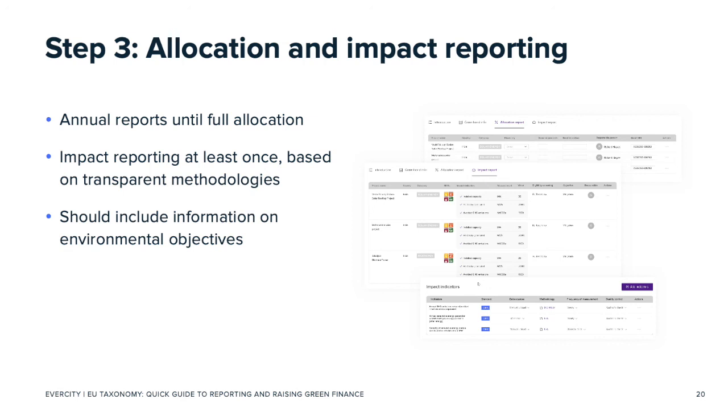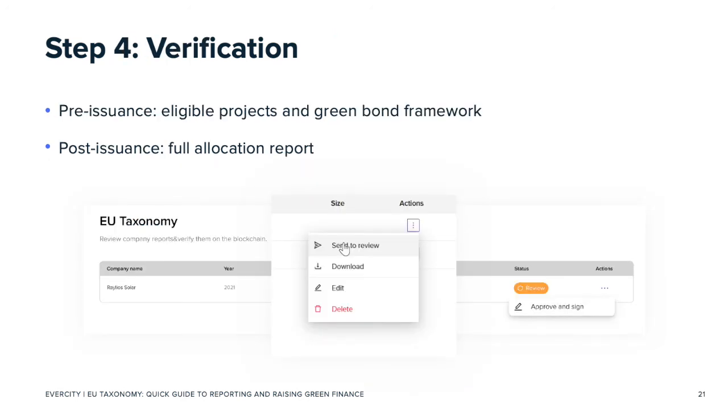There are also different handbooks and guidance from ICMA, from EU Commission on how to report. It also has to include information on environmental objectives. To which objective does this project contribute? Again, a link to EU Taxonomy here. And then finally, we have verification. It has to be done twice. Pre-issuance includes Green Bond Framework and a list of eligible projects.